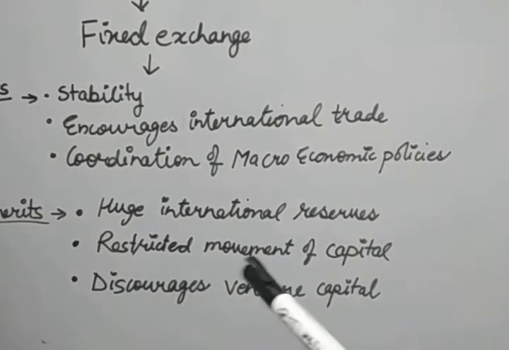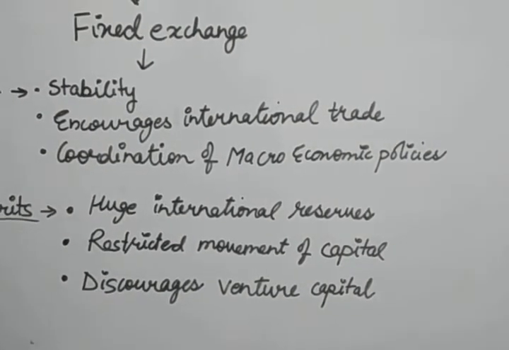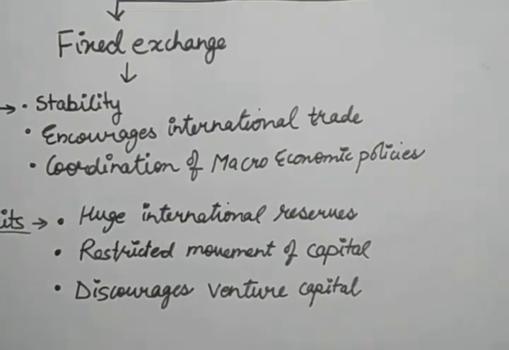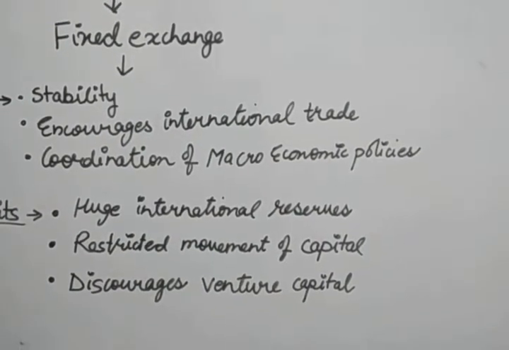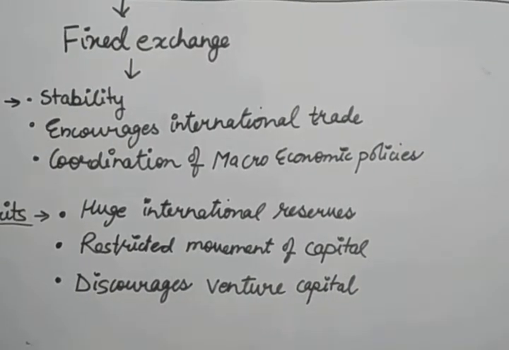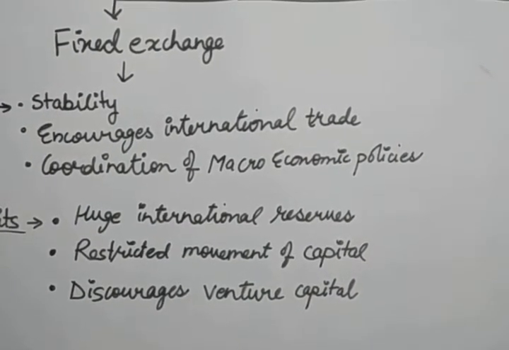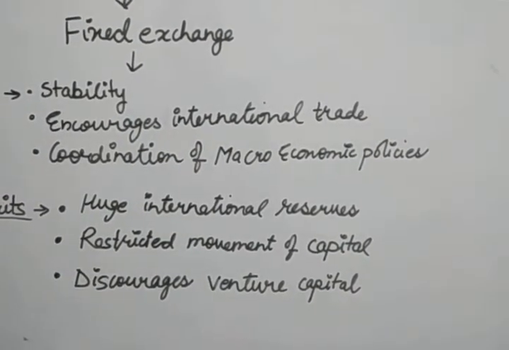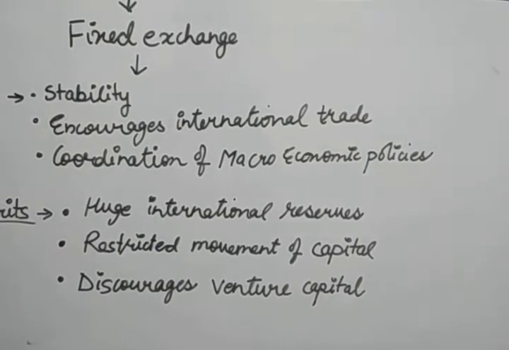Second drawback, restricted movement of capital. Yes, the fixed exchange rate discourages the movement of capital because there is stability in the market and it restricts the international growth process. Because the exchange rate is fixed, investment is also fixed. Third, it discourages venture capital.